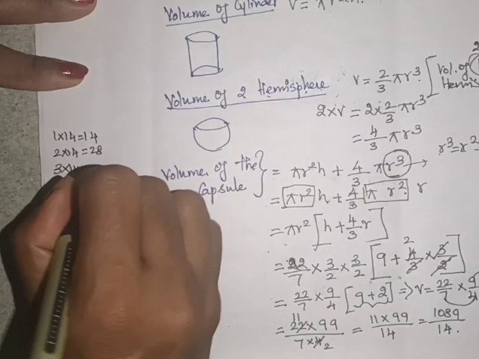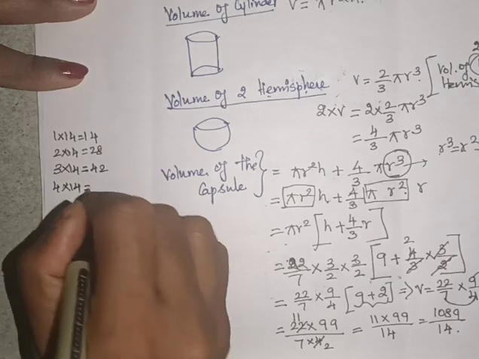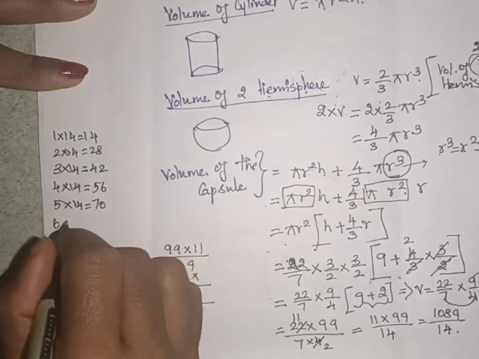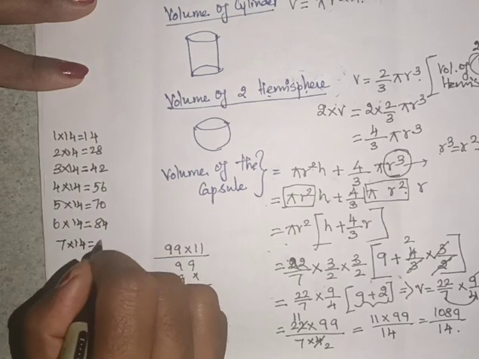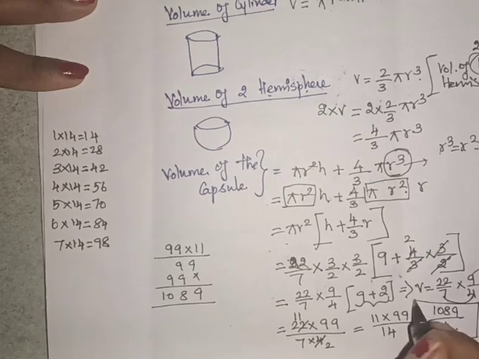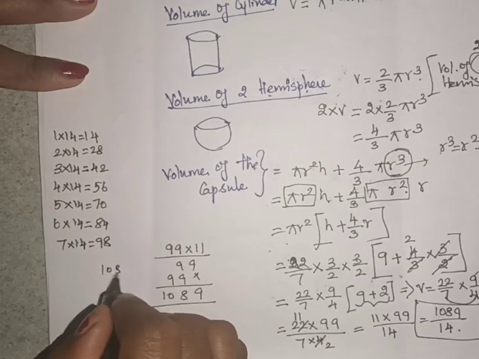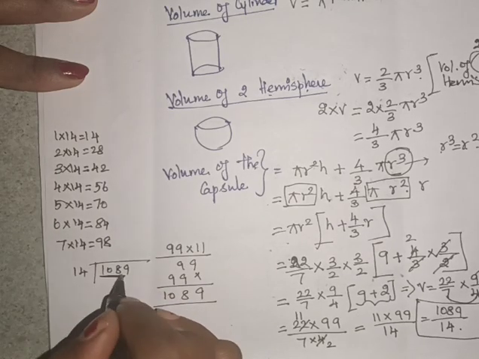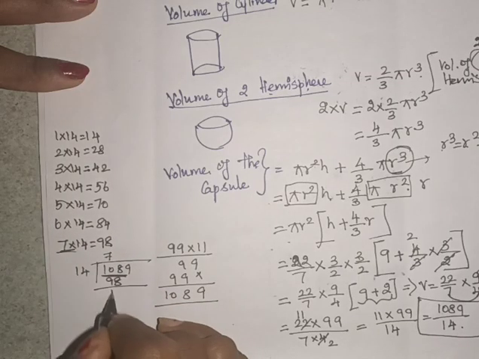Here we write down the 14th table. 56, 5 14s are 70, 6 14s are 84, 7 14s are 98. Now we have to divide 1089 by 14. 108, 7 times 98, remaining 10.